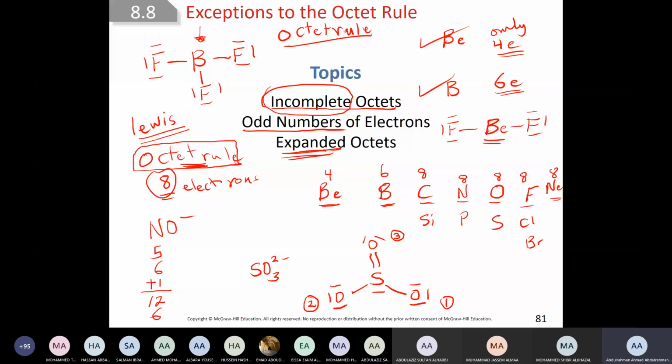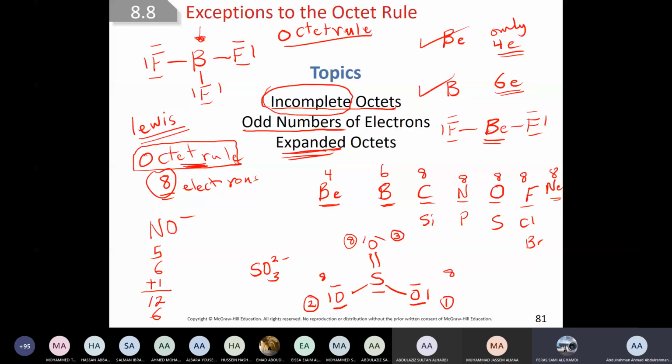Now, how many electrons around oxygen 1? 8. How many around oxygen 2? 8 also. How about oxygen 3? Still 8.